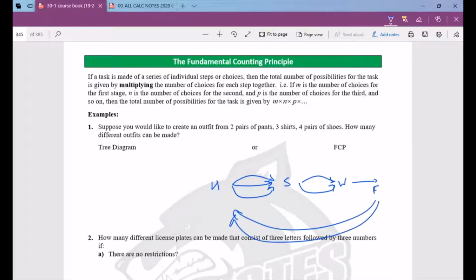Then how could we count how many different ways you can make this whole path, this whole route, this whole trip?